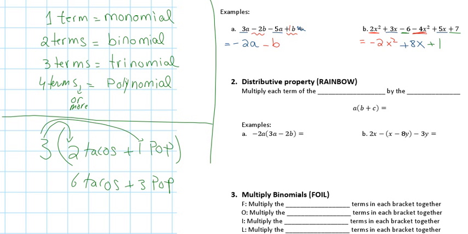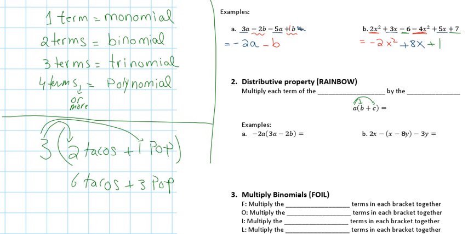You just did the distributive property. So if I have something outside, a monomial because it's one term, multiplied by a binomial, 2 terms, all you have to do is multiply the monomial by the first term, and multiply the monomial by the second term. Did I just do that with the taco question?